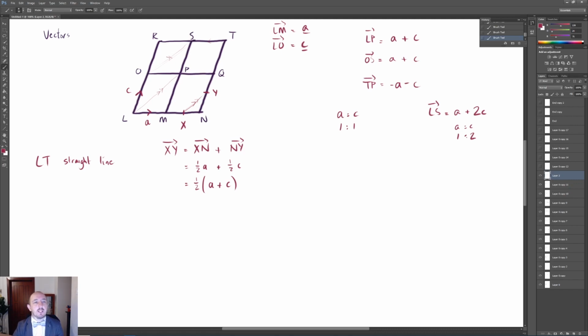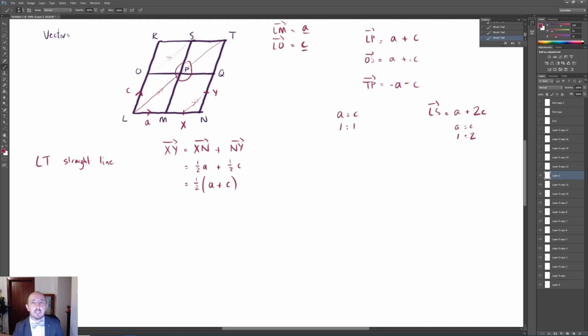But I choose a point that's in common, so I can go L to P and P to T. If I can prove that those two lines are parallel to each other and they have the point P in common, that must mean that it's a straight line. They're not necessarily on a straight line, but once I have a point in common in space, they line up and become a straight line.